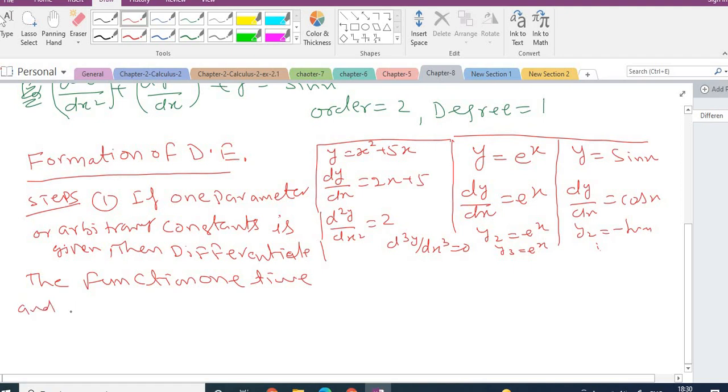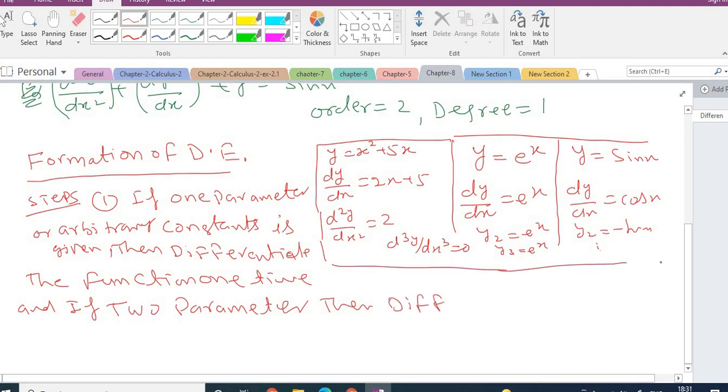And if two parameters are given, then differentiate the function 2 times. Number one thing.